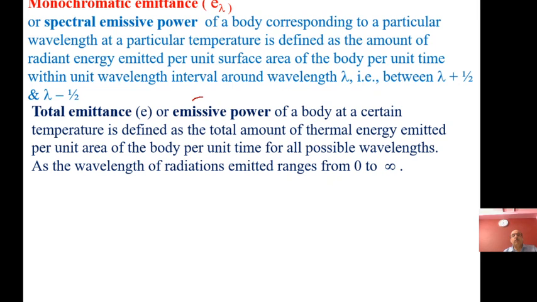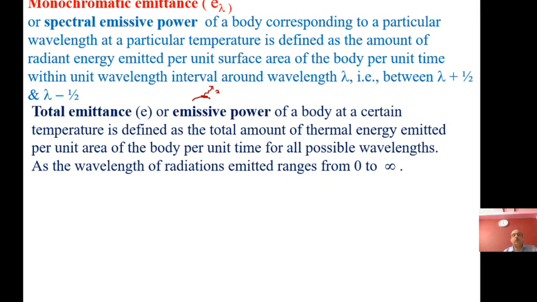It means the perfectly black body is emitting some wavelength, and the emissive power corresponding to this wavelength at a particular temperature is defined as the amount of radiant energy per unit surface area, per unit time, that is in 1 second, within the wavelength limits lambda minus half and lambda plus half.